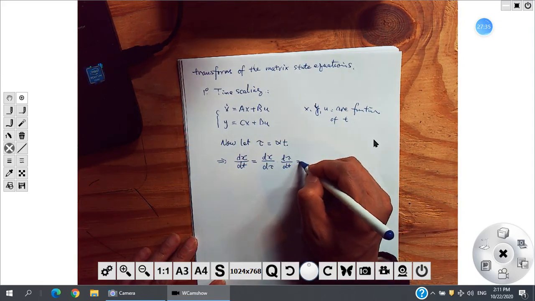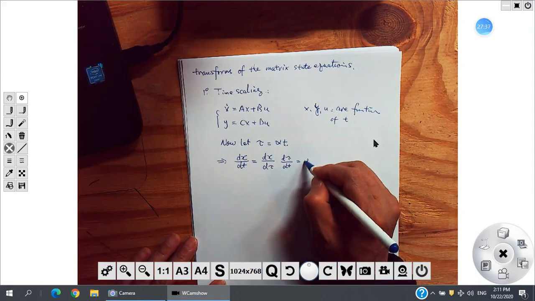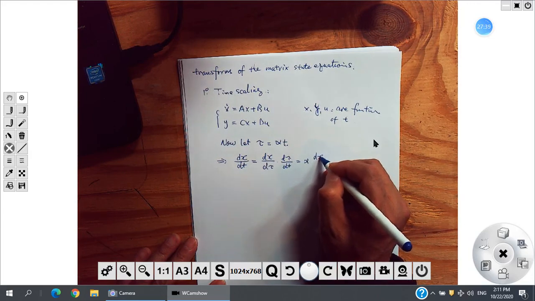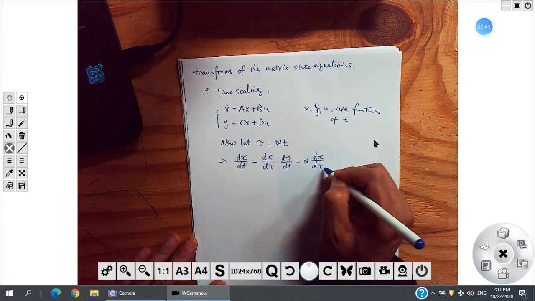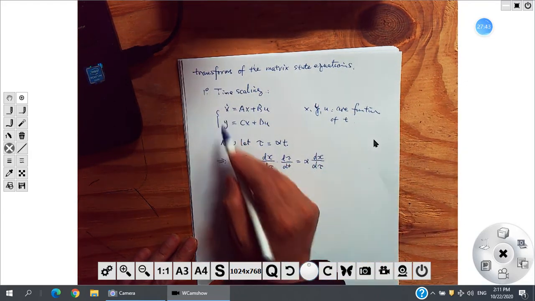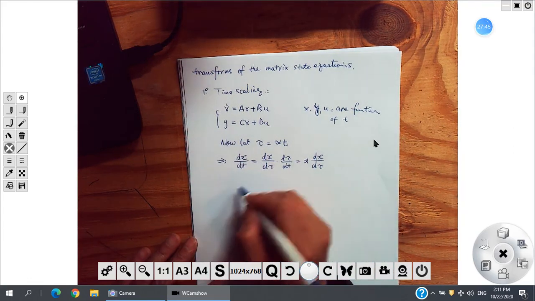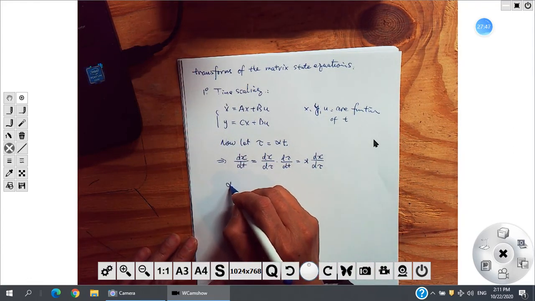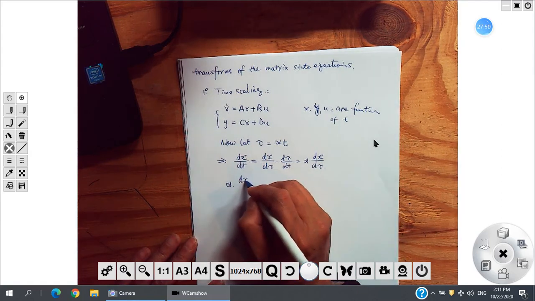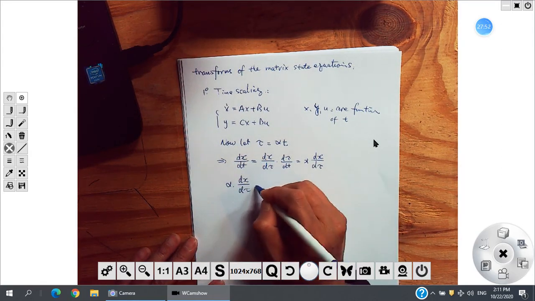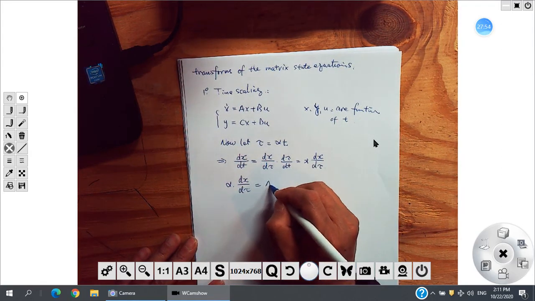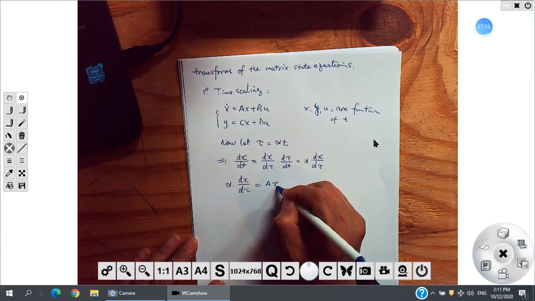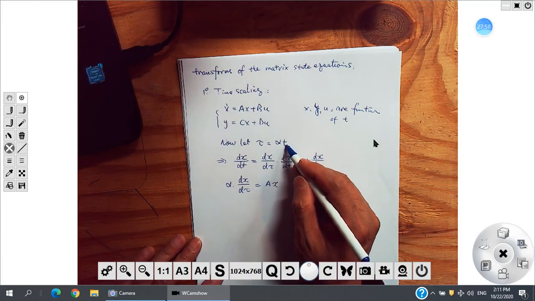So d tau over dt is alpha. This is alpha times dx over d tau. Alright, we just plug in. So we have alpha times dx over d tau equal to a times x. But now t is replaced by tau over alpha.